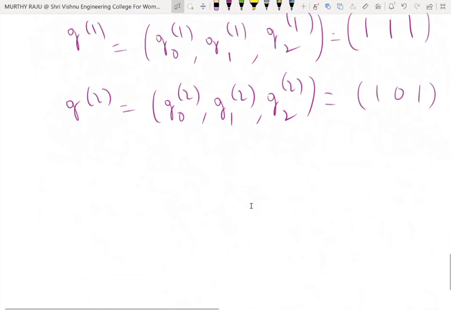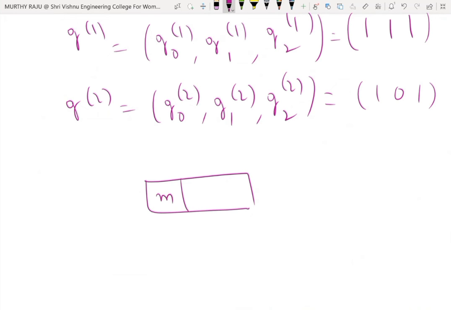Another, simpler way of defining the generator sequences: this one is M, M1, M2. To the first modulo 2 adder, M, the present message bit, is connected, the previous successive message bit is connected, and M2 is also connected.